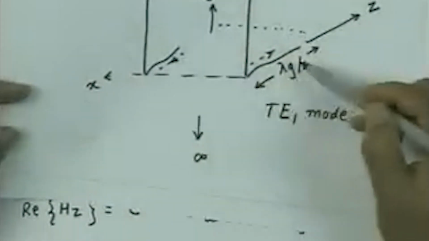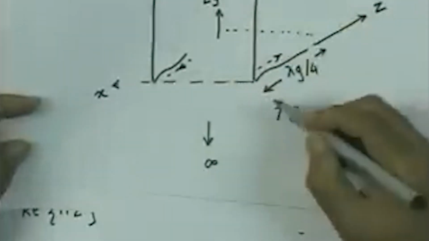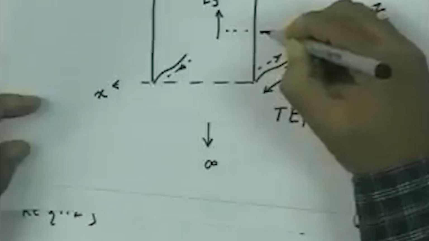That means Hx is maximum at this location, but it is not maximum on the walls. This function is a sine function. So, it is 0 here, 0 here, and will be maximum here, and that will be the direction for Hx, which will be like that.